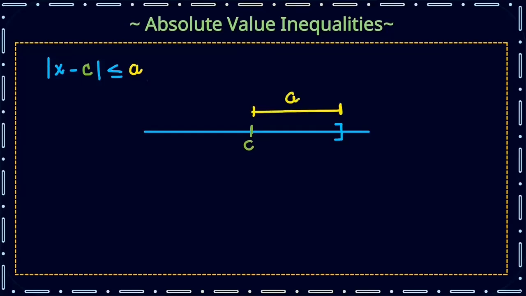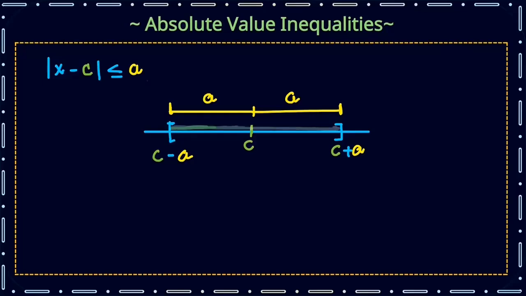Therefore, this is c plus a, and we can go to the left by the same distance to get the other endpoint or boundary. This is c minus a. The solution is going to be every x from c minus a to c plus a.